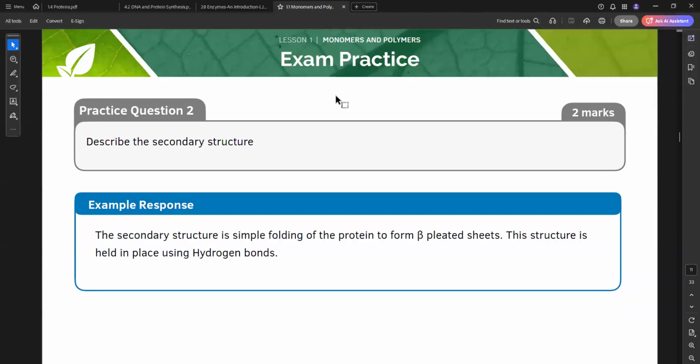Yeah, good. Perfect. So, if I'm going to be really picky as an examiner, they've only mentioned beta-pleated sheets, they haven't mentioned alpha helices, and they haven't said where those hydrogen bonds are, which you've all told me is between the R groups.